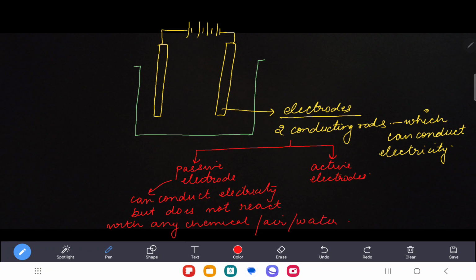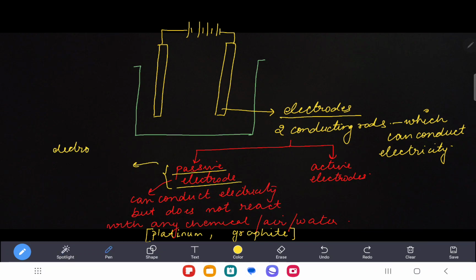So that is passive electrode. So when I'm talking about the passive electrode, like for example, platinum and graphite. Only two examples of passive electrodes. They conduct electricity, but they don't react with air and water. Means though conducting is passive, है ना? So electrons can flow in these rods.